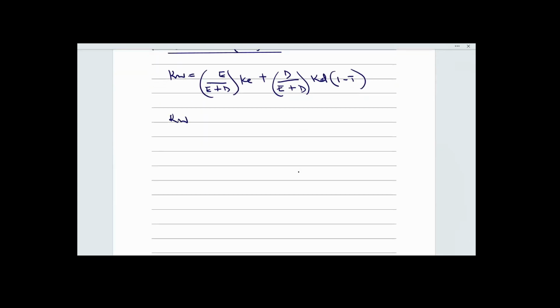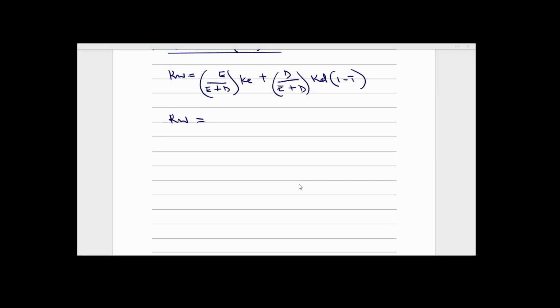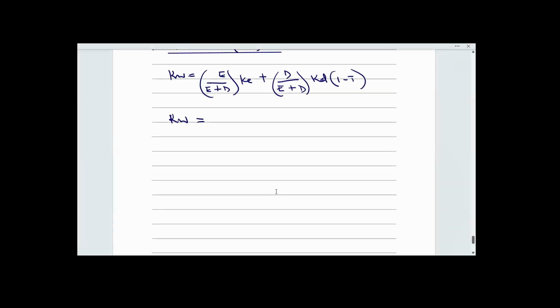So WACC, examiner stated in the question, from the same first paragraph, you are told that the company has a total debt to total market value ratio of 30%. So debt is 30%, equity is 70%. So equity value is 70, total value is 100.